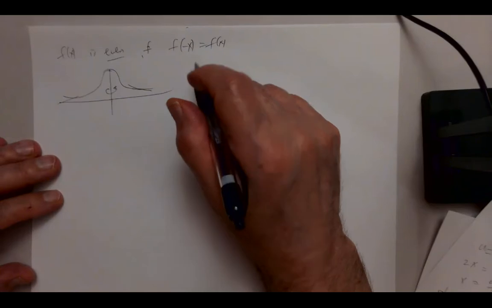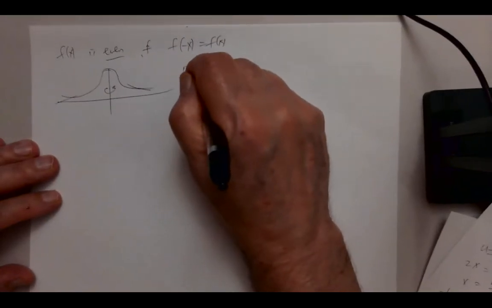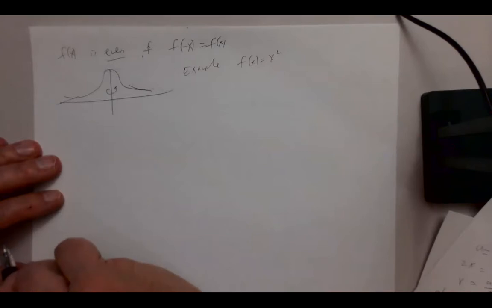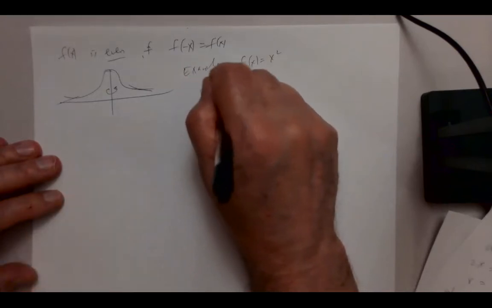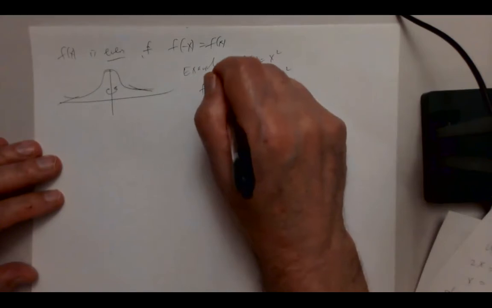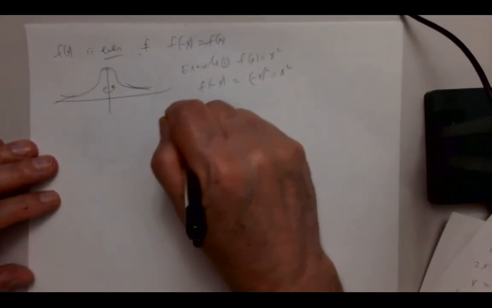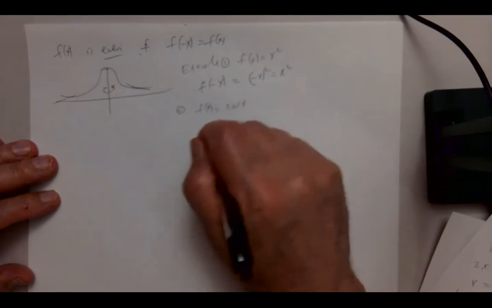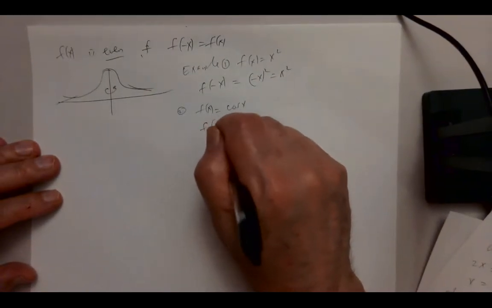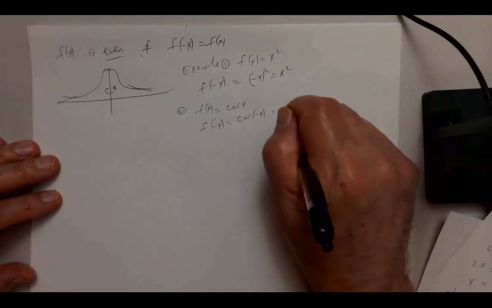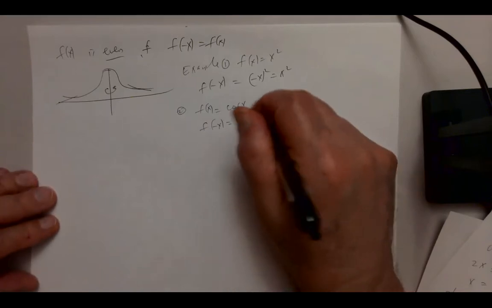What's an example of an even function? Well, f of x equal x squared, because f of minus x is minus x squared, which is x squared. What's another function? f of x equal cosine x, because f of minus x is the cosine of minus x, which is the same as cosine of x.